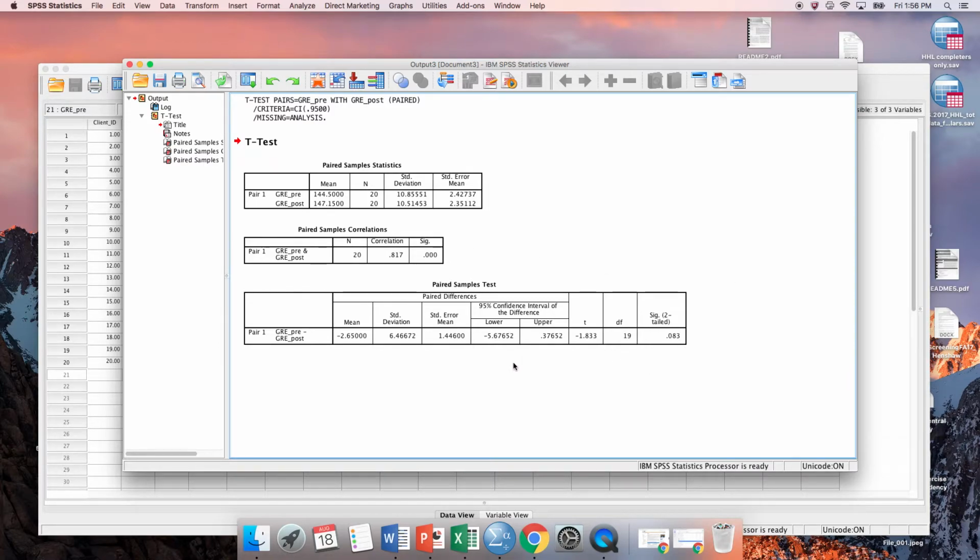Down here at the paired samples test, these are all descriptions of the differences: the mean difference, the standard deviation of difference, the standard error of the mean, and the 95% confidence interval of the difference. What we're most interested in here is, does this difference represent something by chance or something that's not likely due to chance?